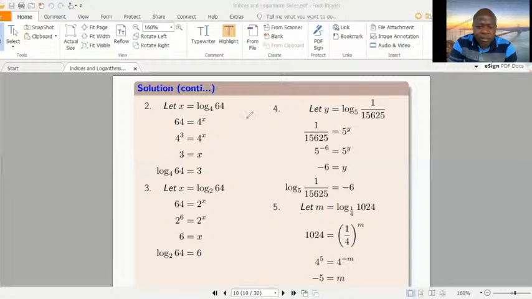Is it 16? No, not 16. It's 15,625 and I want to see how many times 5 will go there. 5 into 15 is 3. Into 6 is 1.